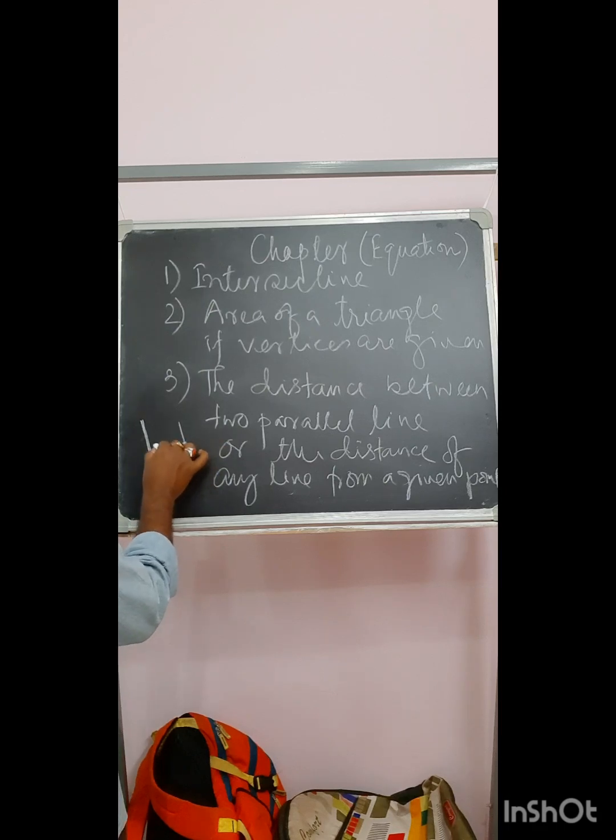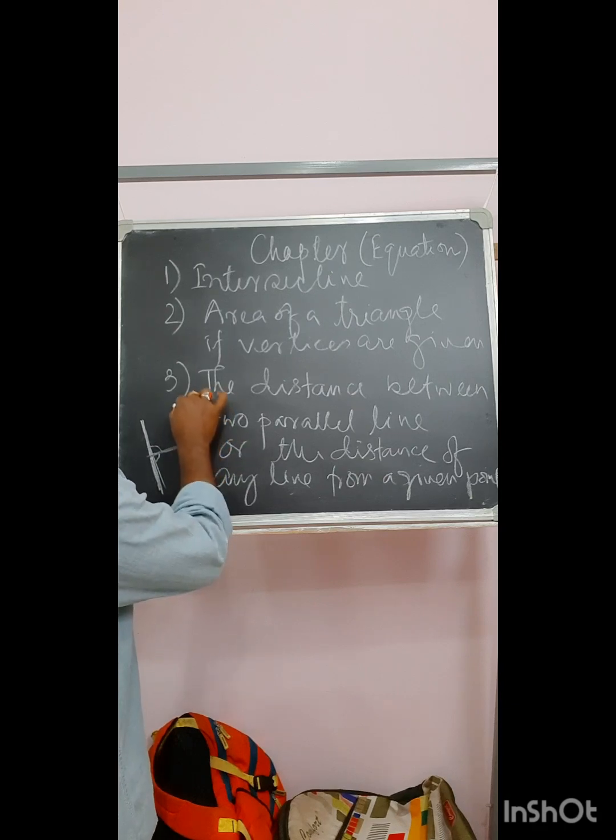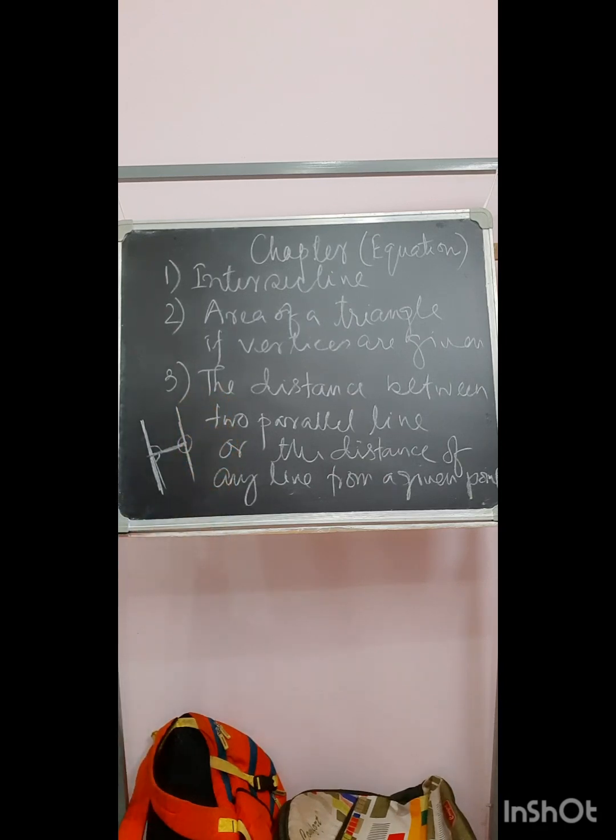That would also be a perpendicular distance from that point, and the point can lie on any other line. So whether I say the distance between parallel lines, or the distance of a point from a given line, the problem would depict the same thing.